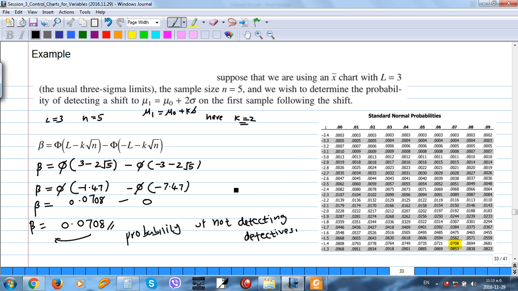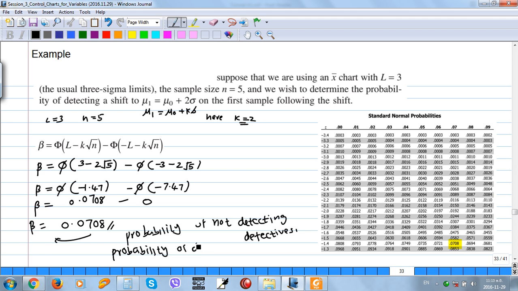If we need to find the probability of detecting at the first shift, not detecting is beta, so detected means 1 minus beta.